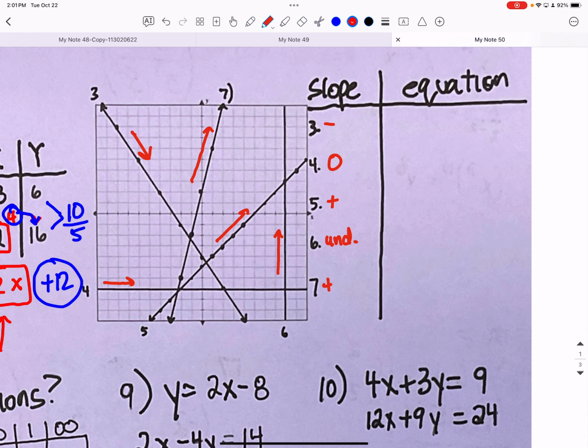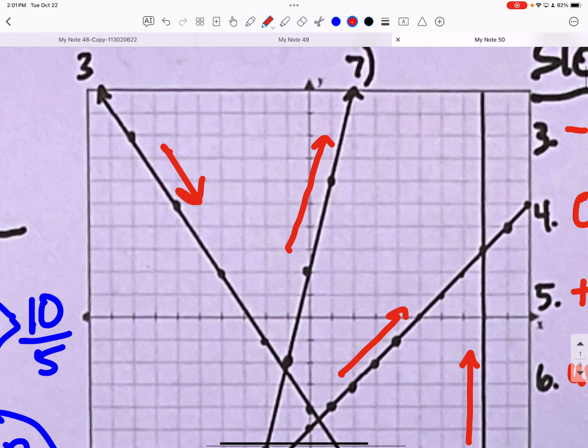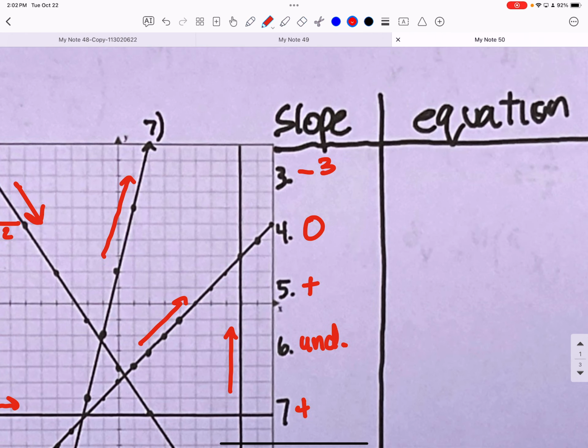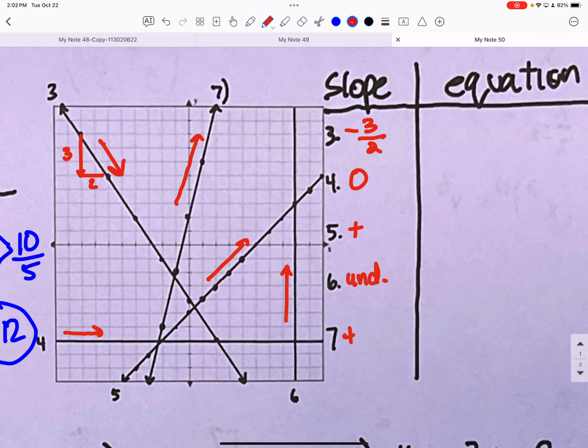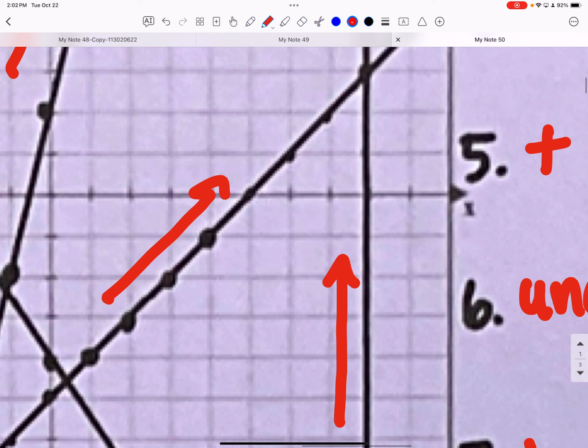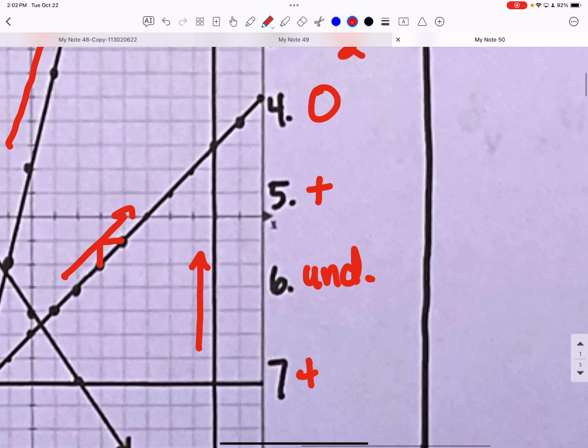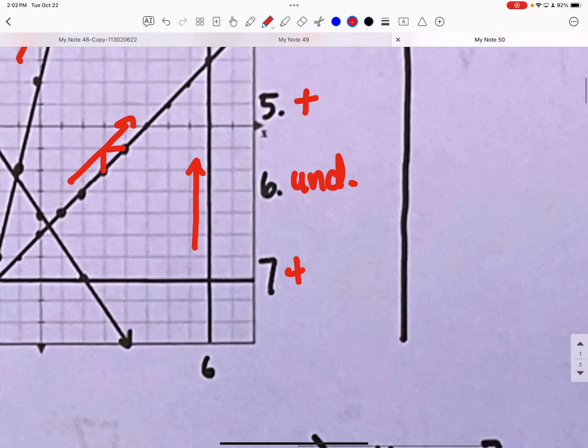Okay, so how much? Line 3 is going down. He's losing $3, but not right away. It takes him 2 days to do it. So he's losing 3, but it takes him 2 days to do it. Let's see, 5. He's going up $1 every day. If you're doing something every day, that's your score. So he's going up $1 every day. So positive 1 or just 1.